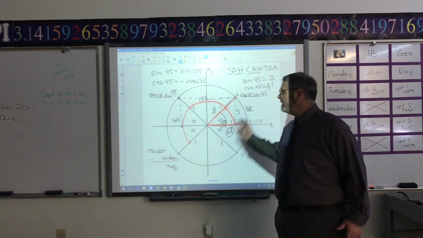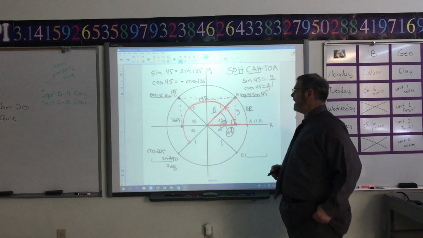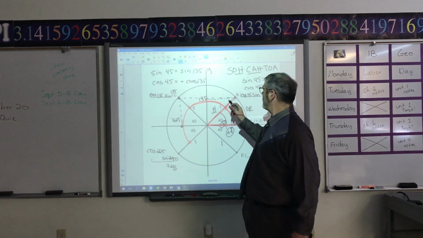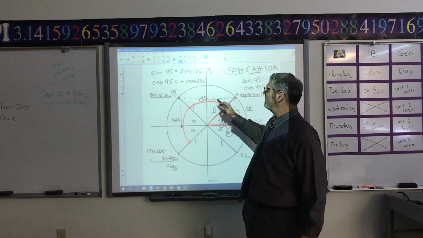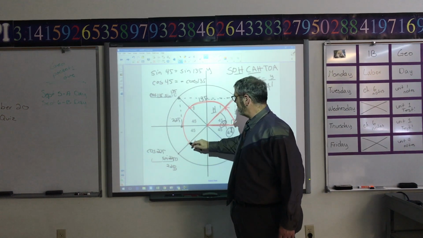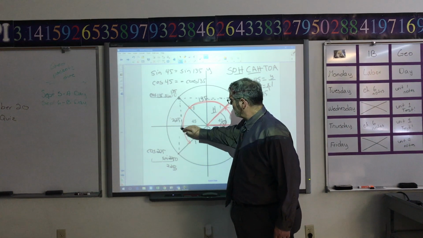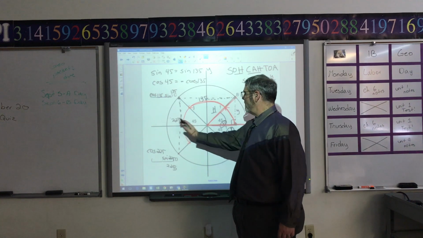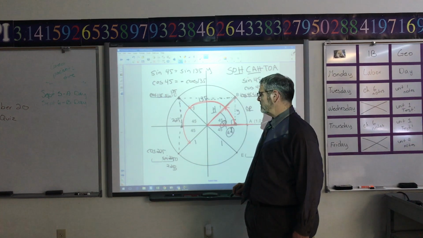Now, how do these relate to 45? Well, the cosine of 45 is going to be, again, kind of like the same distance that we had away from x in the negative direction.